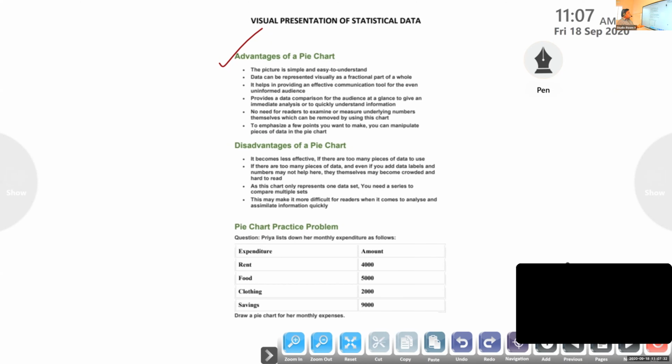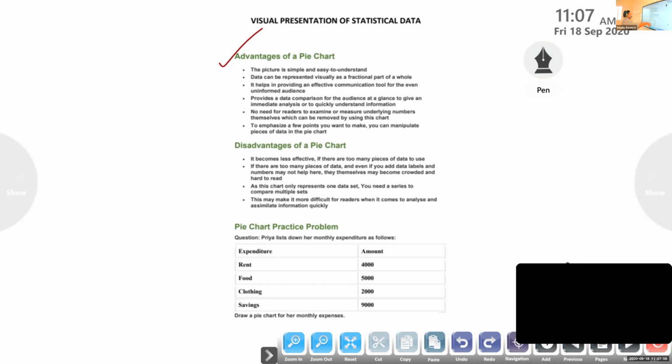If numbers are there, there is no problem, but always colors and shades present the set of data here. To emphasize the few points you want to make, you can manipulate pieces of data in the pie chart. So how many subsets are there, how many slices are there, we are able to create data easily in a pie chart.